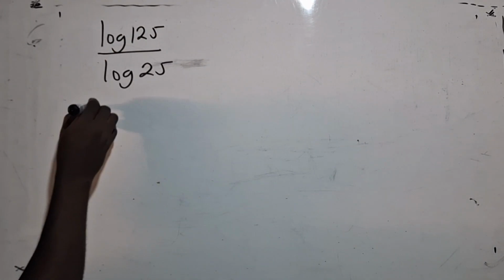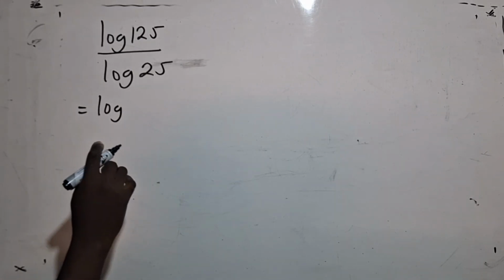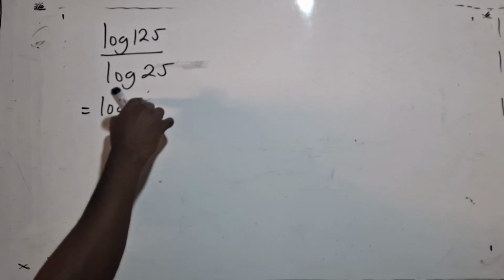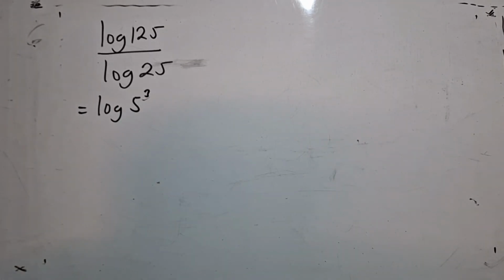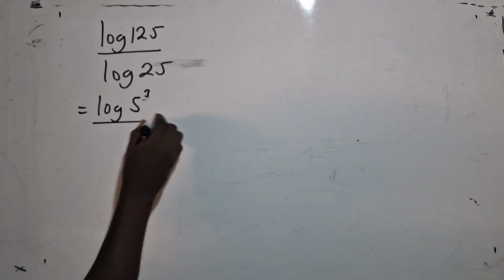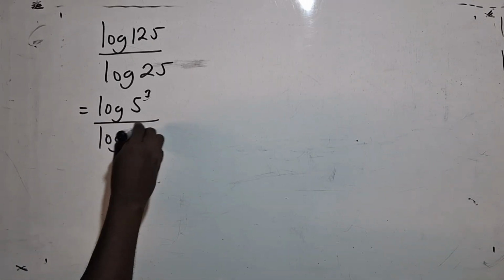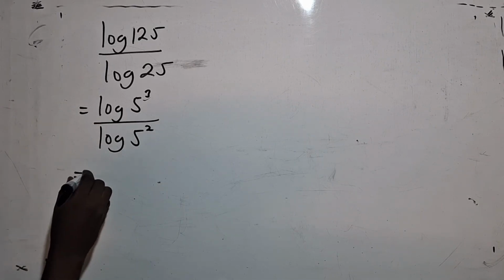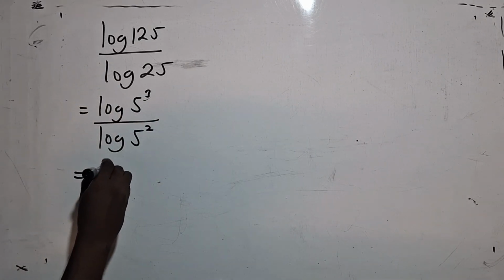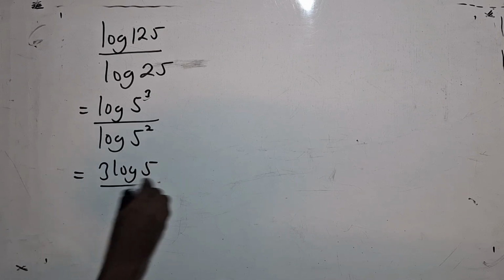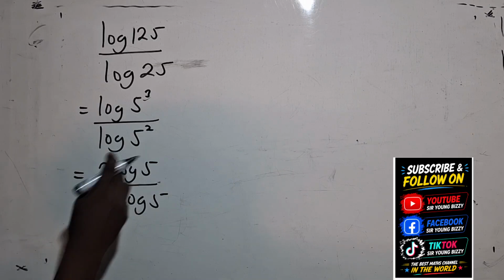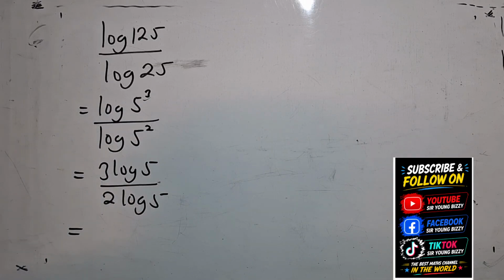So the top one, we can have log 5 to the power 3, yes, 5 raised to the power 3 will give you 125, and the down one will give us log 5 raised to the power 2. As we all know, the power will come to the front, so we have 3 log to the base 5 over 2 log to the base 5. We've gotten a common log for this.